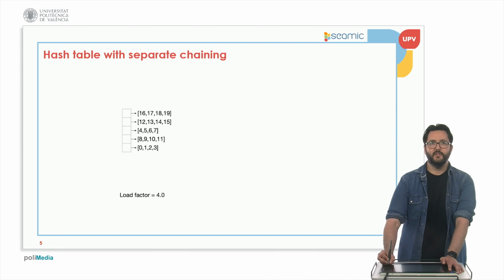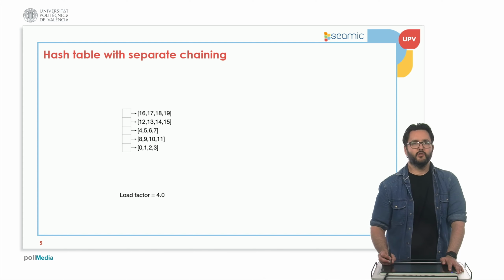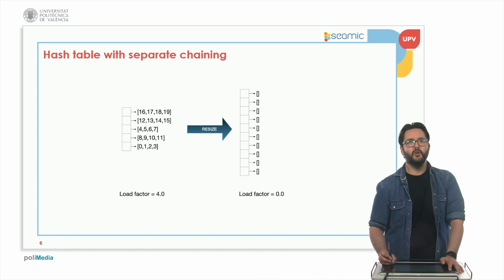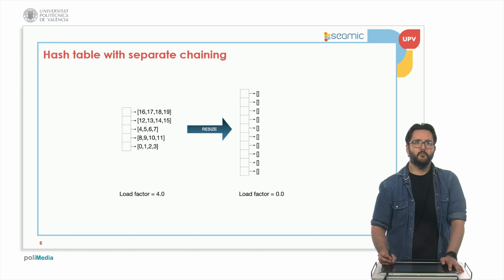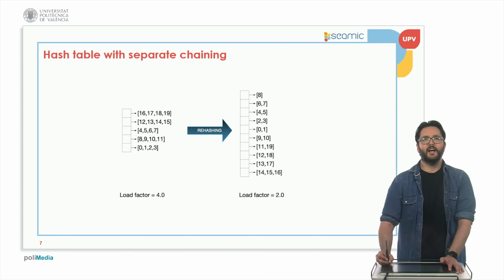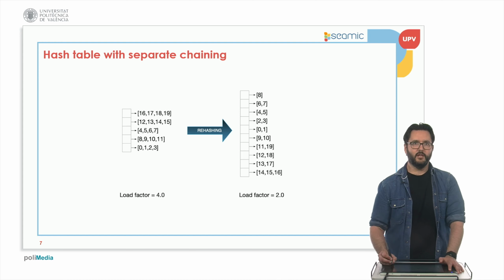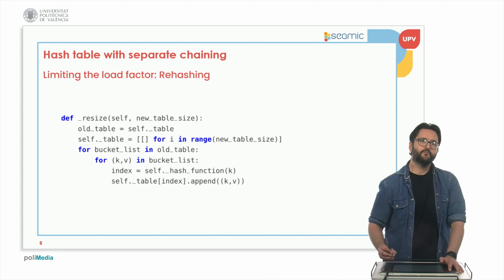So this will impact the performance of the hash table. We can solve this by performing what is called rehashing. This involves creating a new table with more room for allocating buckets, for example, duplicating the positions, and then rehashing the content of the old table into this new table. This will reduce the load factor and allows us to keep a good performance in the hash table.